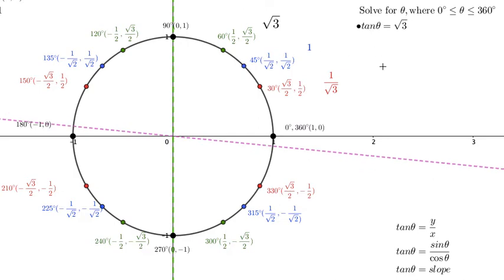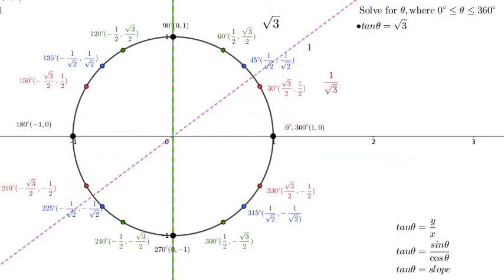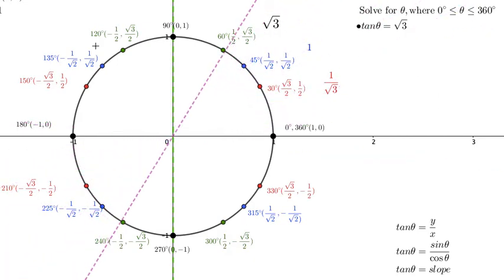Solve for theta, where theta is between 0 and 360, where tan theta is equal to root 3. So tangent is positive. Where is the slope equal to root 3? Well, that is going to be here at 60 degrees.